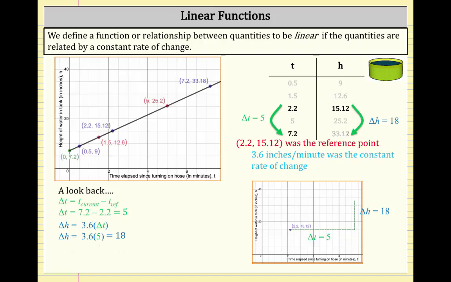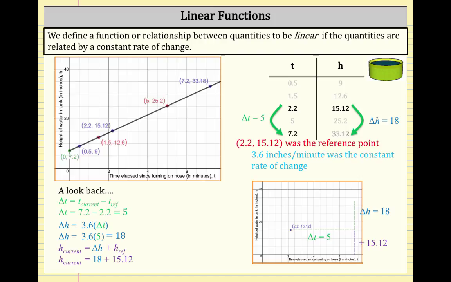To do this, we're trying to figure out that current height, so it's the change in height plus the reference height. And the change in height was 18. The reference height was 15.12. And when we look at it visually, starting from 0, we're getting 15.12.